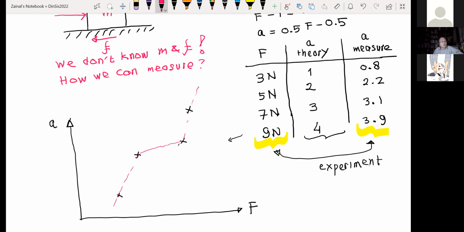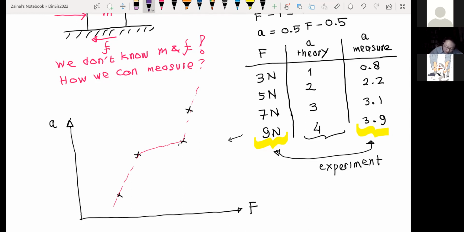Okay, but what we want to do is least squares. The baseline does not necessarily pass through all points, but the distance to the experimental points is as small as possible.